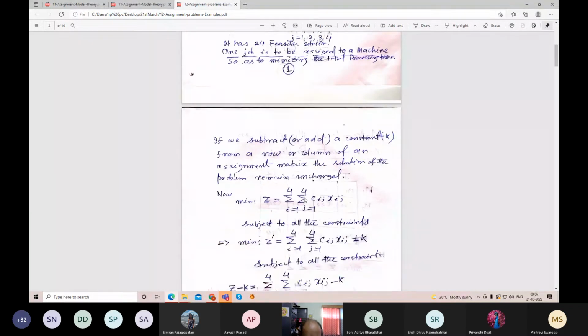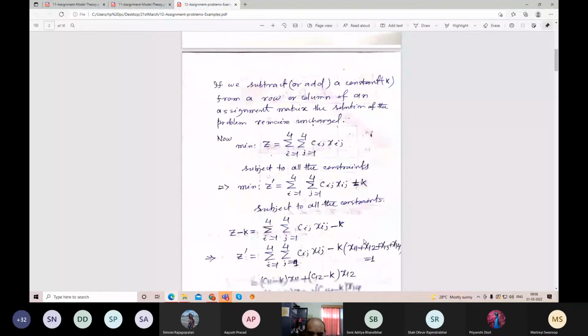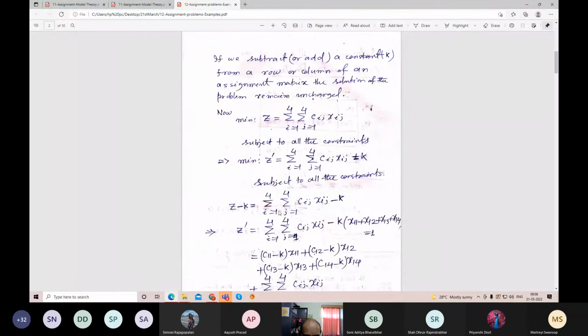So here we are adding or subtracting a constant. If you subtract the constant, you can write it in this manner: Z minus K, that is the summation over i and j varying from 1 to 4 of Cij Xij minus K. How am I subtracting this K?